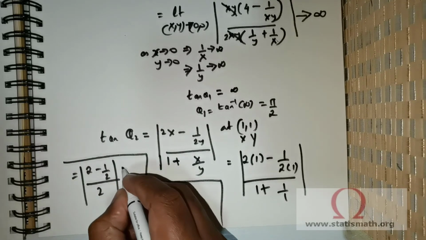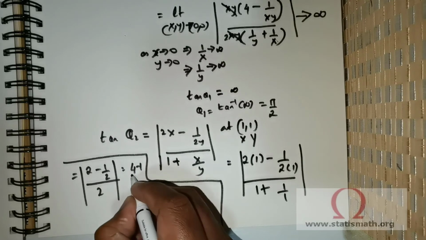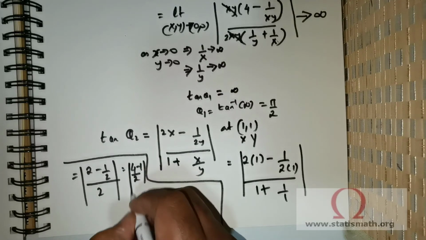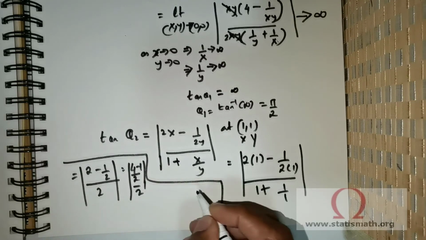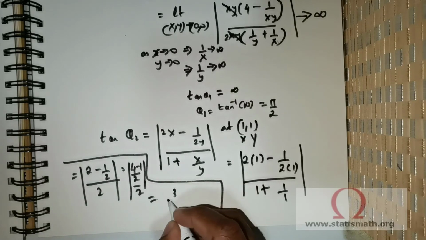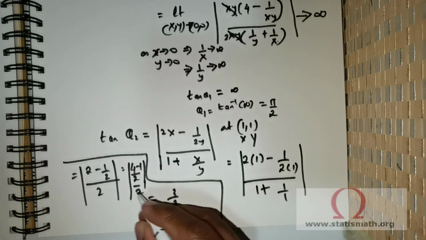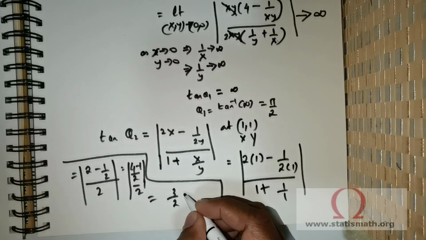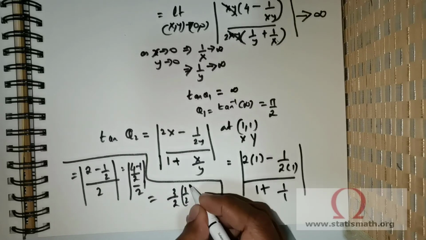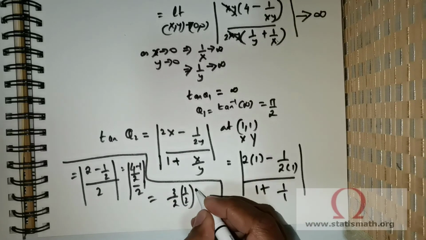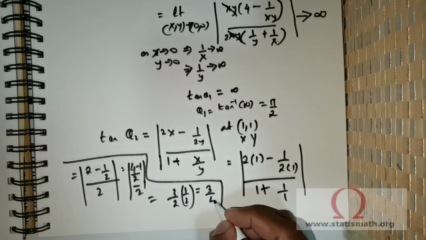That's a modulus sign. So that's going to be 4 minus 1 divided by 2, divided by 2. I can very well rewrite this as 3 over 2. Now this is 2 over 1, and when it flips, it's going to be 1 over 2. You don't need the modulus because it's already positive. So that's going to be 3 over 4.